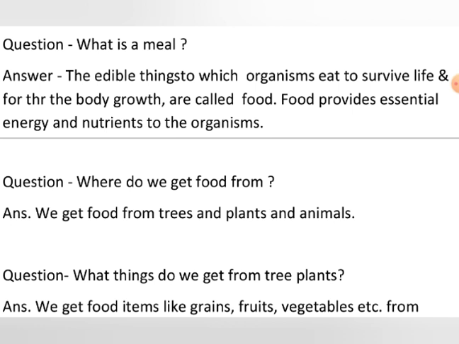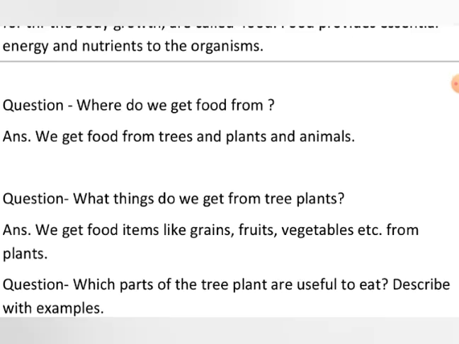If somebody asks you what you understand by meal, it is very clear: all the edible things we eat to survive and for the growth and the maintenance of the body are called food or the meal. And the food or the meal provides us two essential things. One is energy and another is matter, and this matter we say in refined language as nutrients.